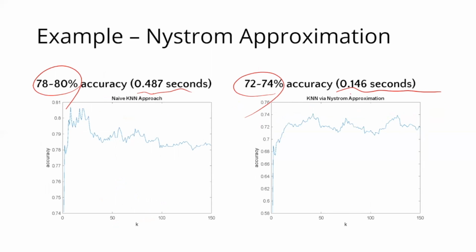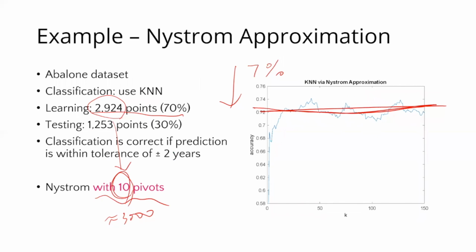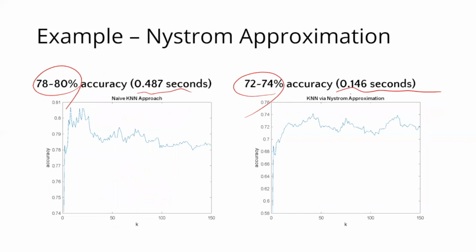So I can say it's fairly good, because we only have 10 pivots where we know the full distance matrix, and the vast majority of the distance matrix is unknown. Despite that, we were able to approximate the distance fairly well, and using that, we could construct a k-nearest neighbor classifier that is nearly as good as the naive KNN approach.